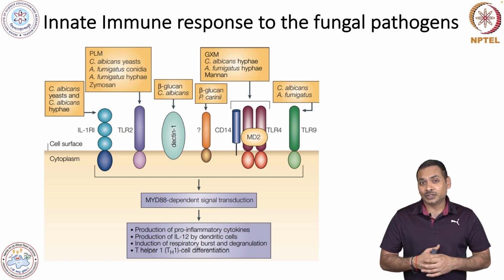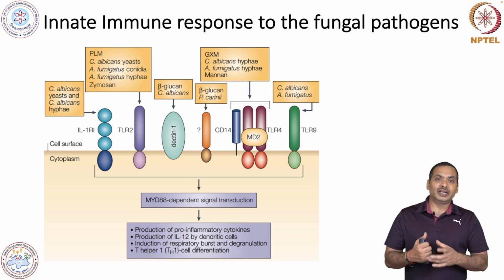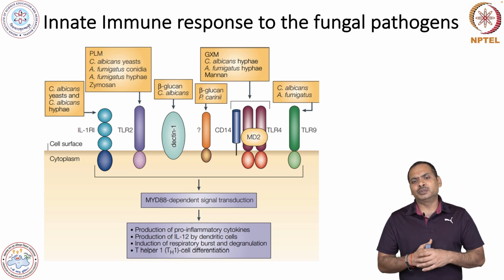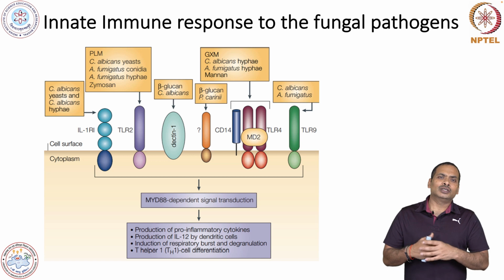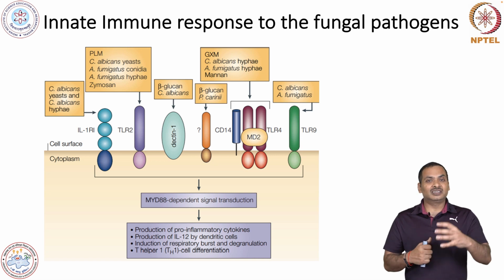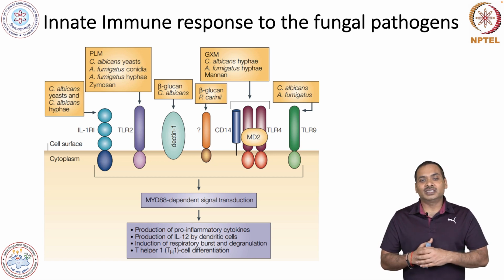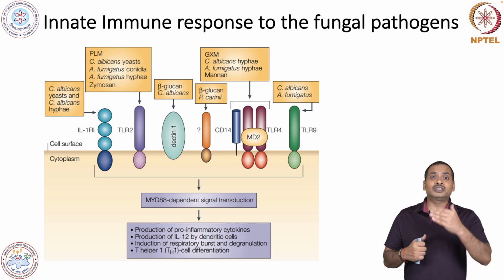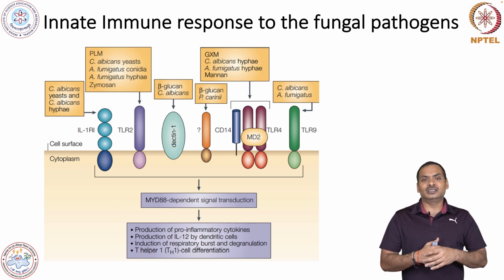They can also induce IL-12 in dendritic cells and induce the respiratory burst, as you remember there is ROS and RNS. ROS and RNS kill the microbe inside the phagocytic cells, and this can also trigger degranulation.